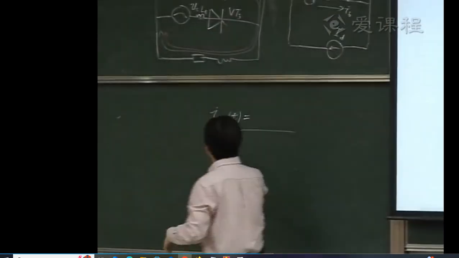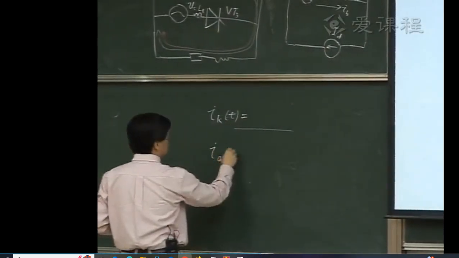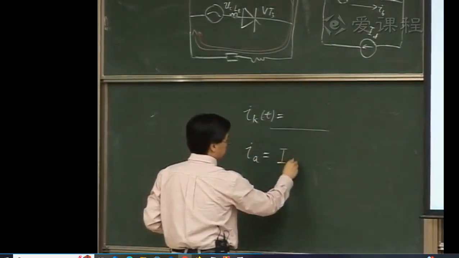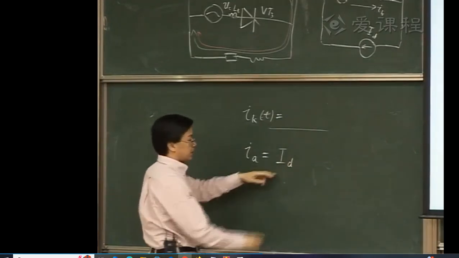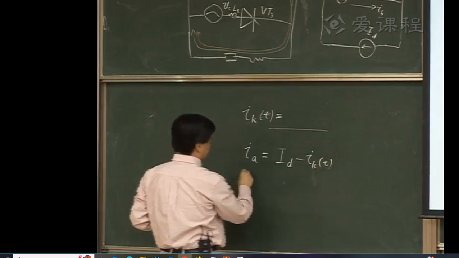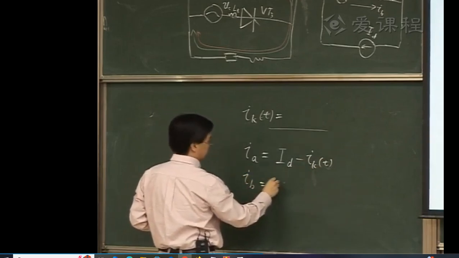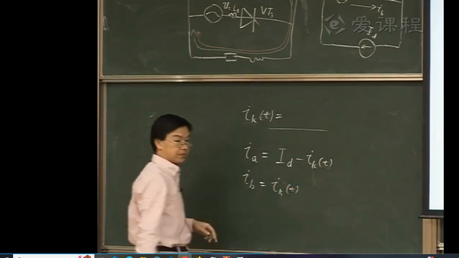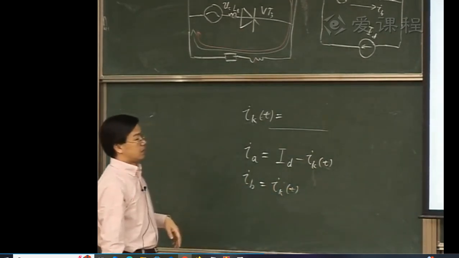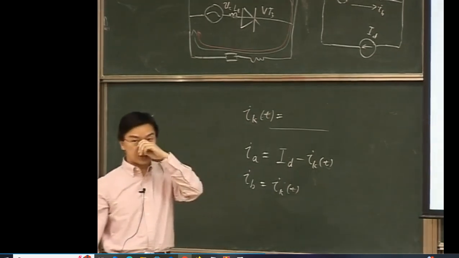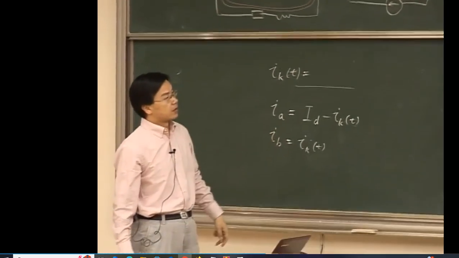Because IA should be equal to ID, the initial current, minus IK. IB will be exactly equal to this IK current. You can have analytical expressions of those currents.